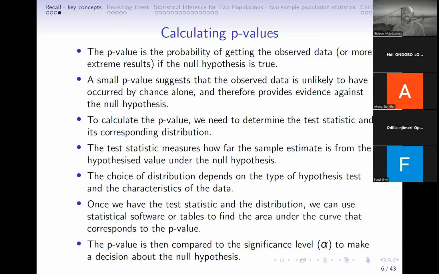So there are two quantities that we are interested in. One is for a given p-value, what is the area under the curve? The other one is for a given sample statistic, what is the error that we are making, and how does that compare to the p-value? So the p-value tells us exactly where the cutoff is, or at least the quantity that we should use for the cutoff.